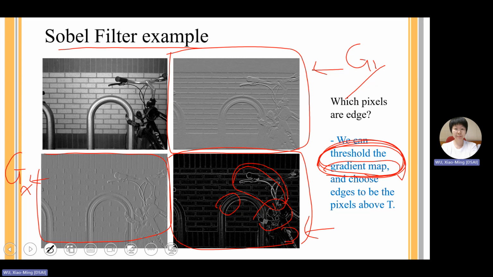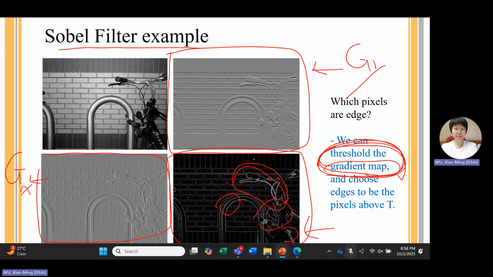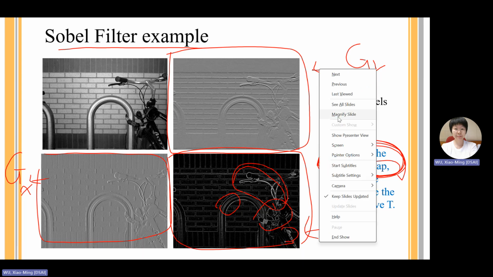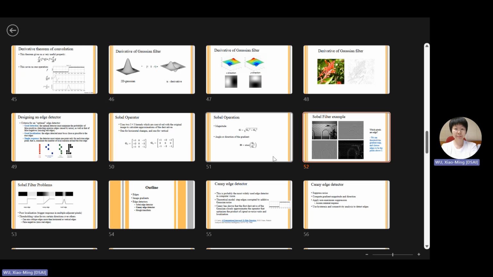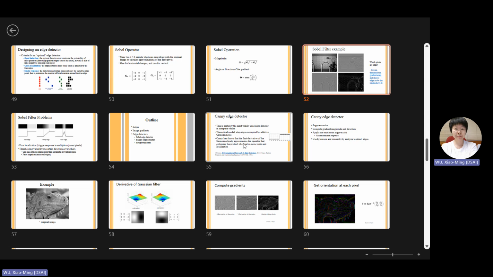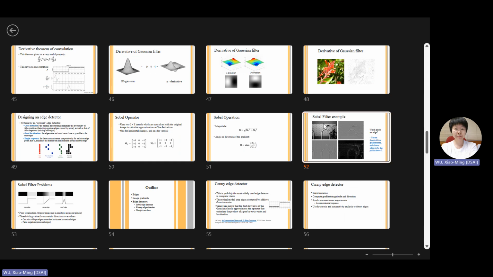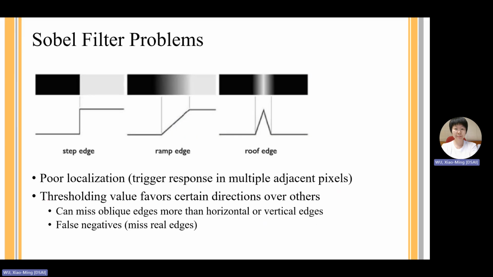If you set the threshold too high, it might only retain a few edges, and the edges become discontinued. The problem with the Sobel filter is greater than that.